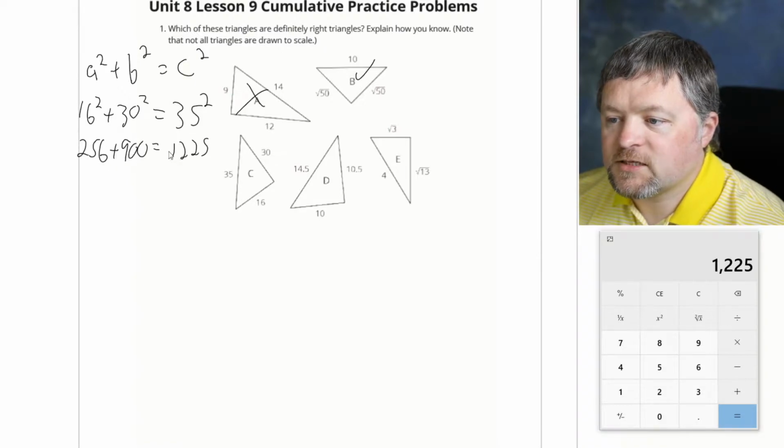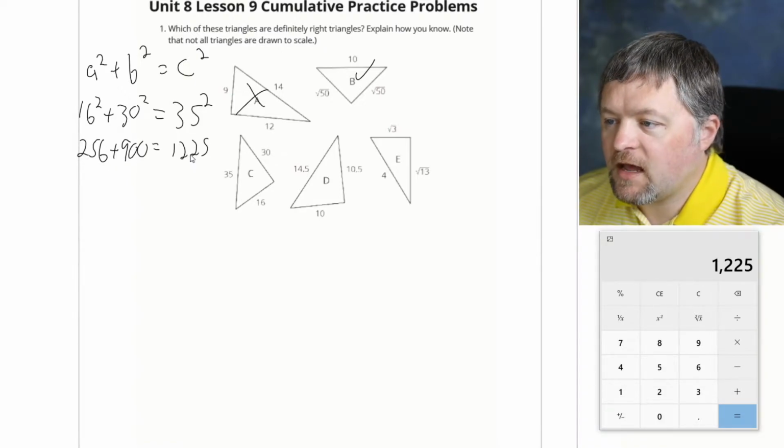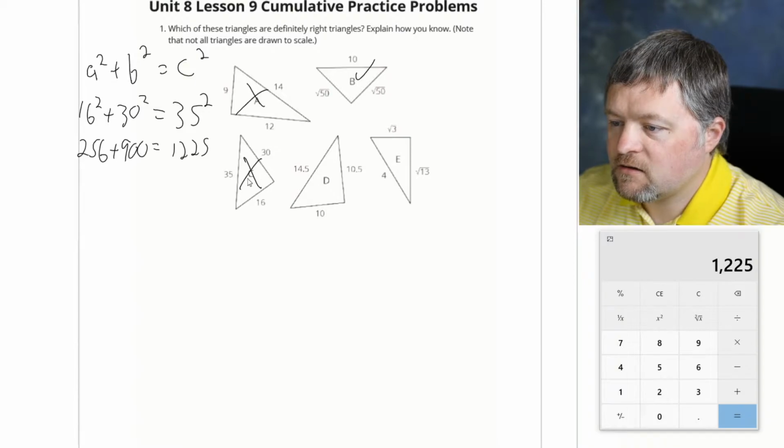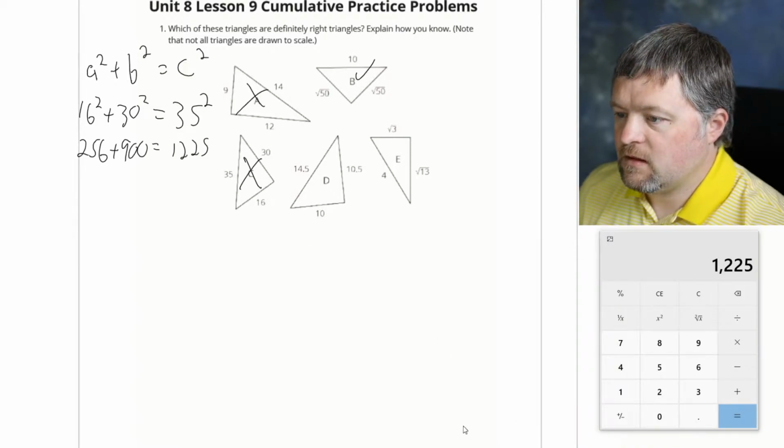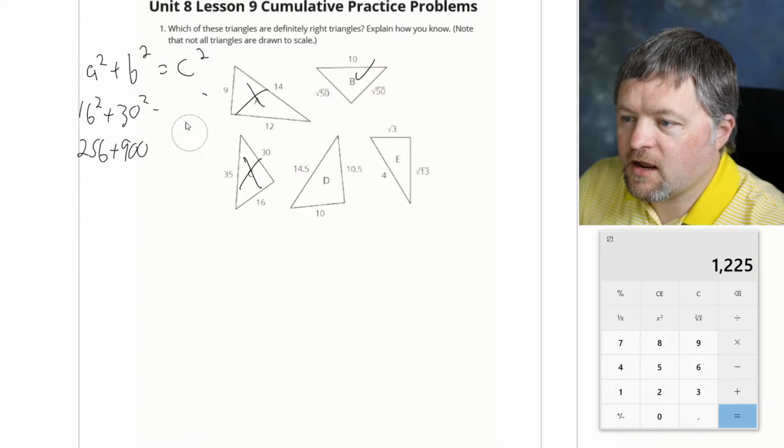Does 256 plus 900 equal 1225? No, it does not. C is not a right triangle.